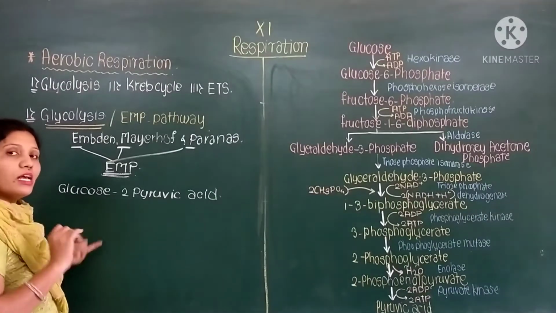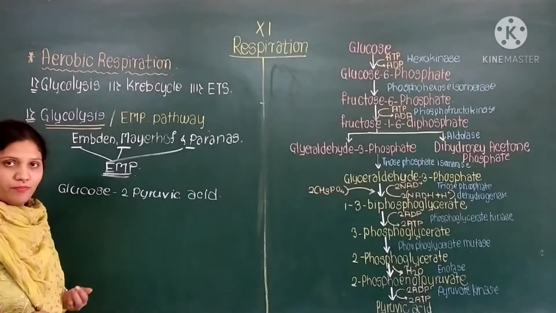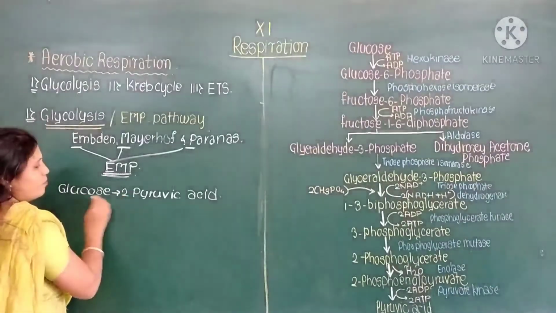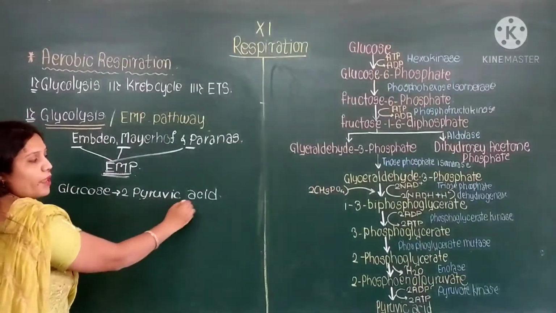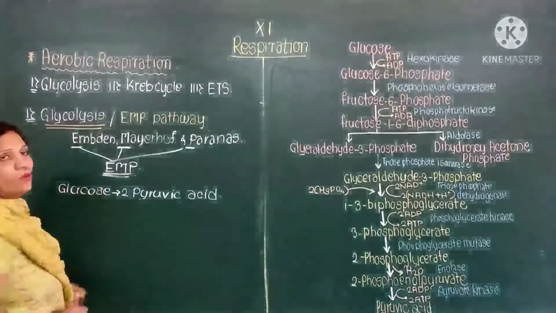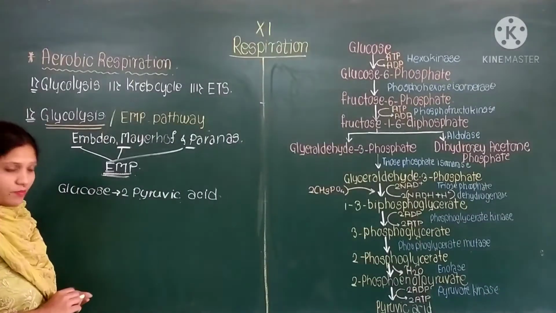Glyco means glucose, lysis is breaking down. So here this glucose is broken down into 2 molecules of pyruvic acid. That's why this process is known as glycolysis.